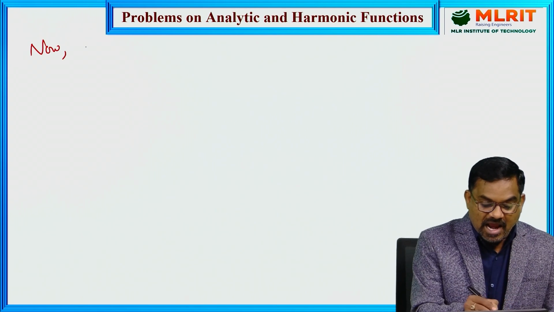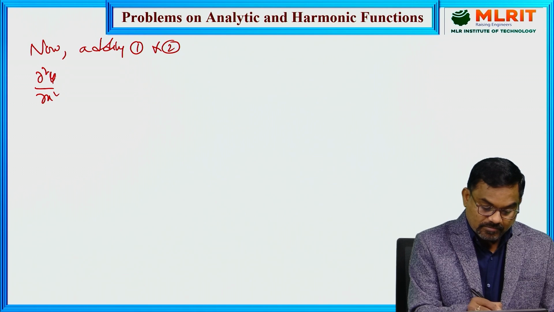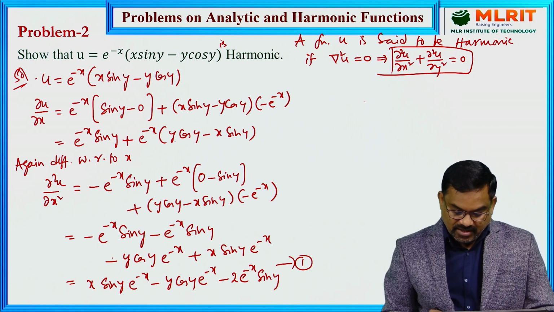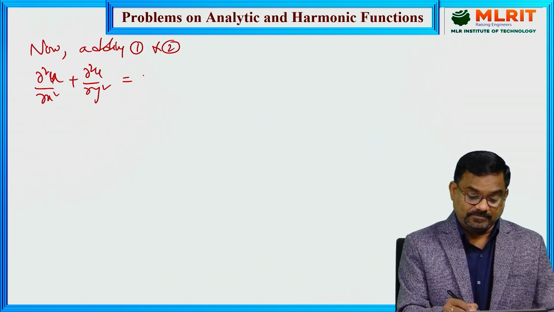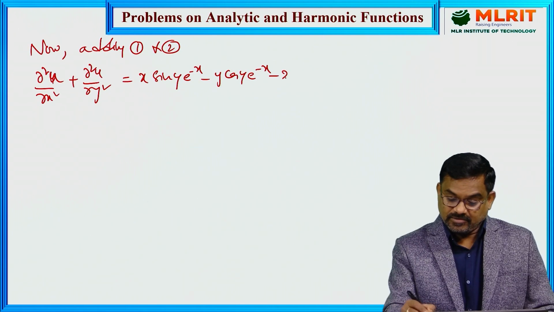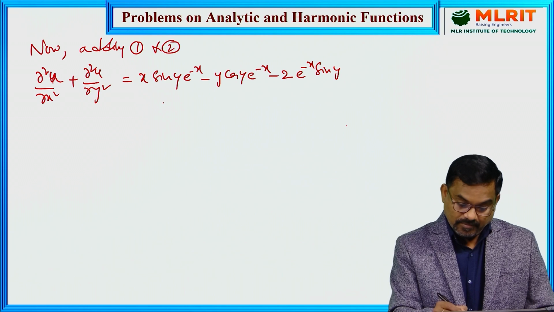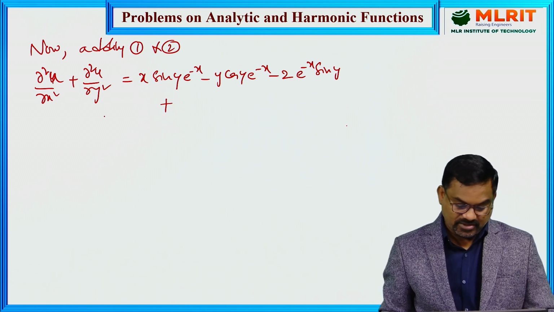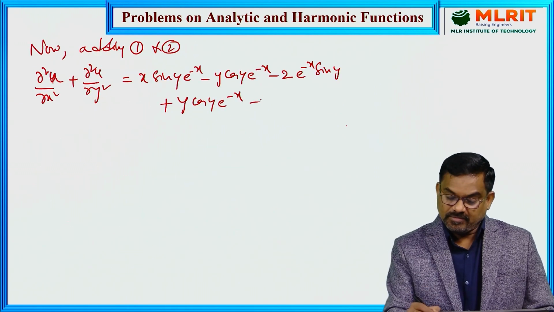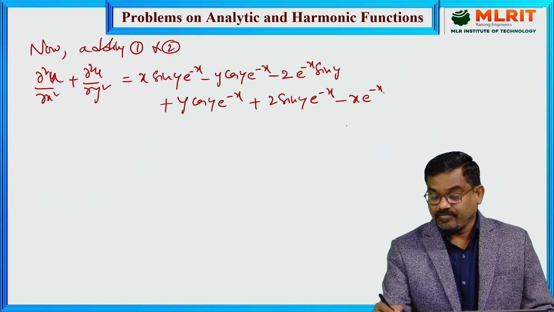Now adding 1 and 2, dou square u by dou x square plus dou square u by dou y square is equal to x sin y e power minus x minus y cos y e power minus x minus 2 e power minus x sin y, plus dou square u by dou y square from the previous slide, y cos y e power minus x plus 2 sin y e power minus x minus x e power minus x sin y.